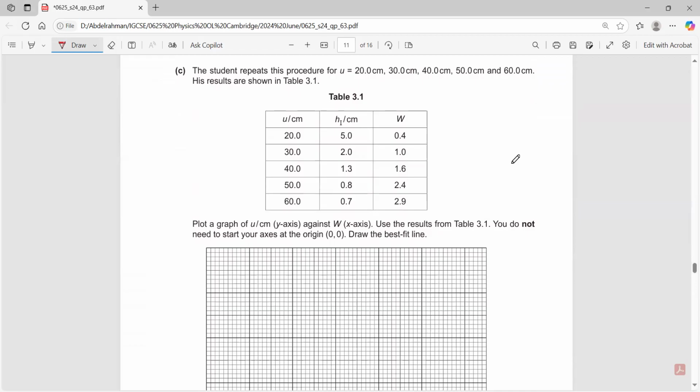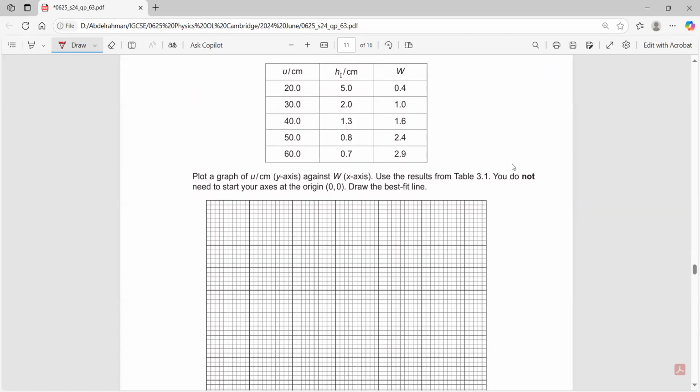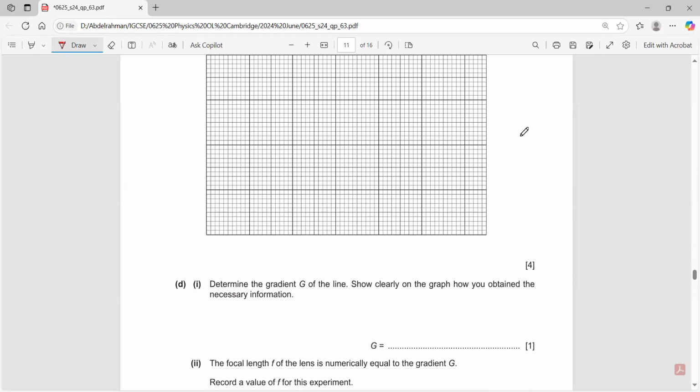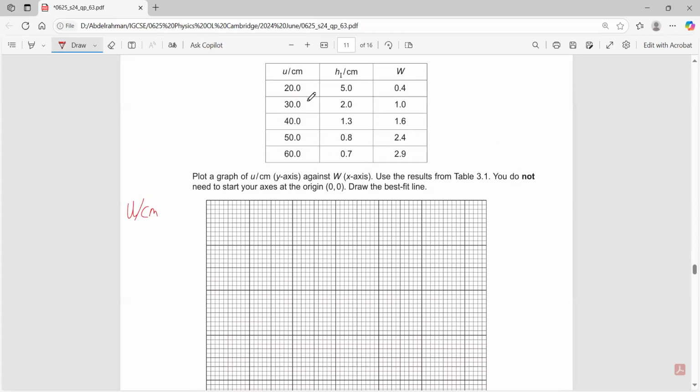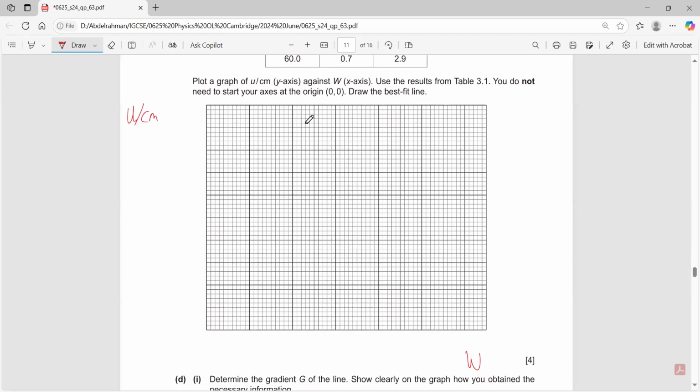Plot a graph of U/centimeters on the y-axis and W on the x-axis. W is unitless. For the U, 20, 30, 40, I guess we can just plot the numbers as they are: 20, 30, 40, 50, and 60.